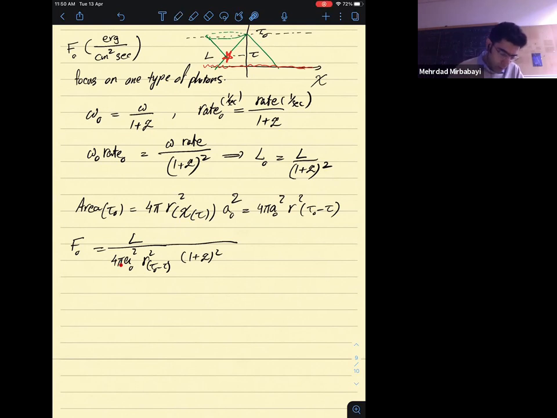So now the luminosity distance is defined so that we can write this as L divided by 4 pi d_L squared, luminosity distance squared.